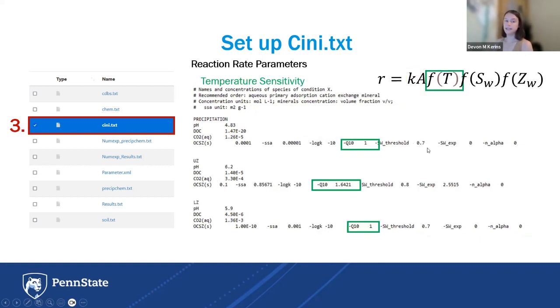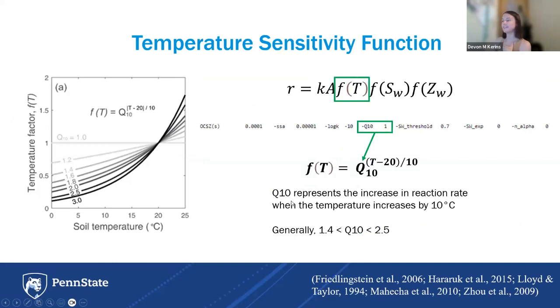And then the next parameter we will be able to amend is Q10. This is part of this temperature sensitivity function. And so Q10 is the change in rate for a change in temperature. So we'll go over this again. Q10 represents the increase in reaction rate when the temperature increases by 10 degrees Celsius.